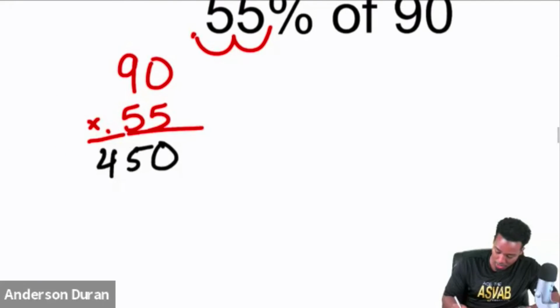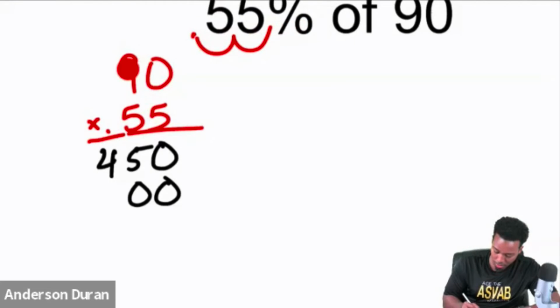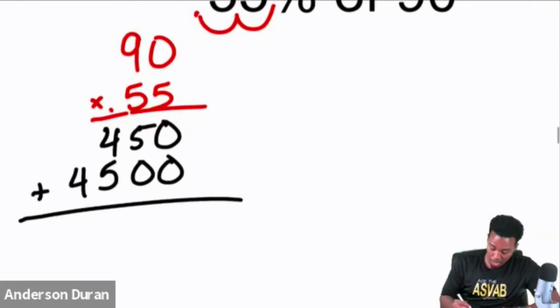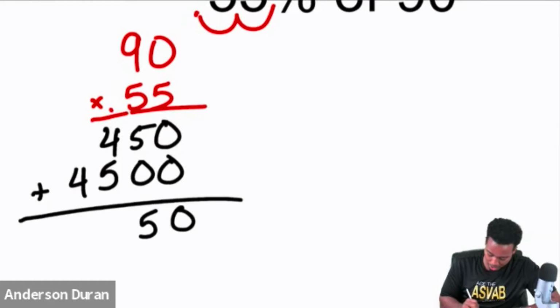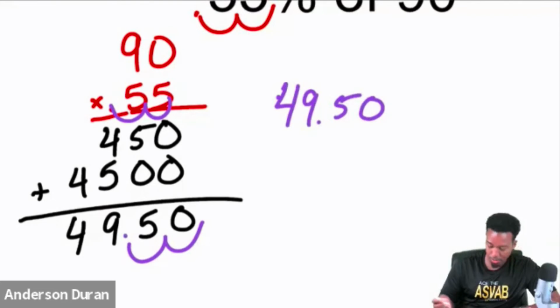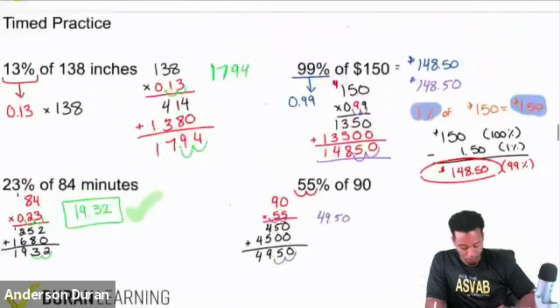Next row, bring the 0. 0 times 5 is 0. 9 times 5, 45. And if you notice, working at this quickly is pretty fast. And so boom, 0, 5, 9, and 4. And we got ourselves 49.50. So those are all 4 answers there.